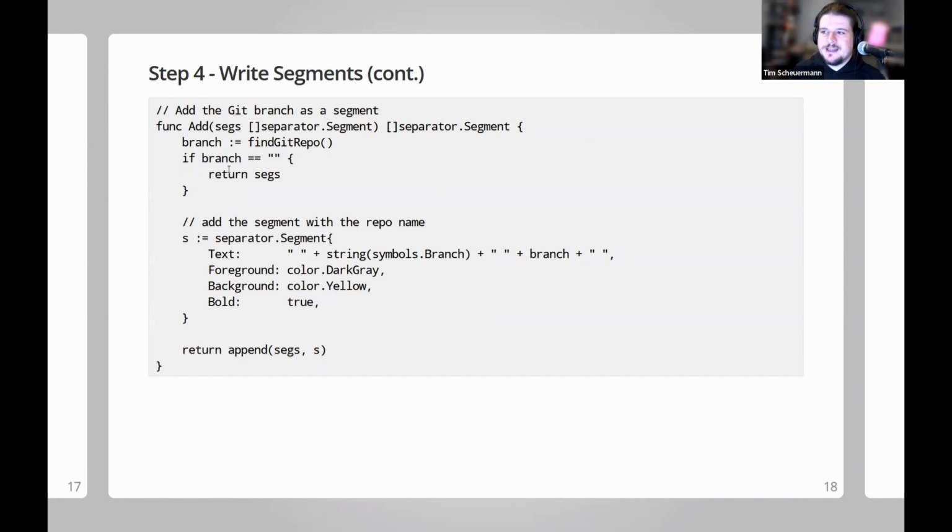So we are trying to find the repo. If it's not found, we just return the same list again. And if it is found, we generate a new segment, dark gray foreground, yellow background, and in bold. And we also include that branch symbol, so it looks fancy. And then we return it.